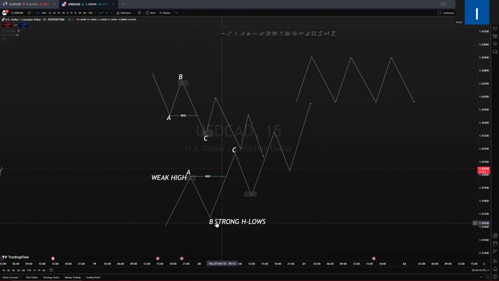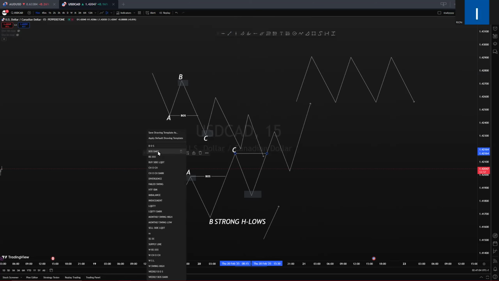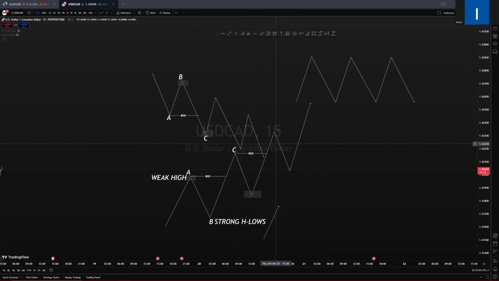Now, the reason why we want the higher lows to be strong is that we constantly need that support to push prices to the upside. Every valid strong higher low should have the capability to break the previous weak high, which is our weak point of structure, and create a break of structure again, to continue pushing to the upside, then have prices pull back to the downside to correct, and then we move again.